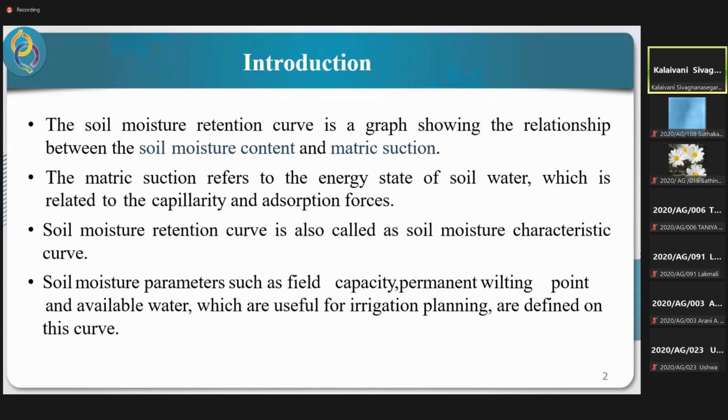Using these two data, soil moisture content and matric suction, we are going to draw a graph. We can call that graph the soil moisture characteristic curve or soil moisture retention curve. Did you understand that? Both are the same, right?